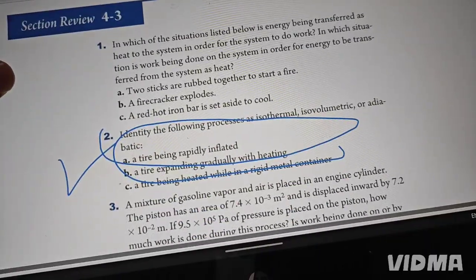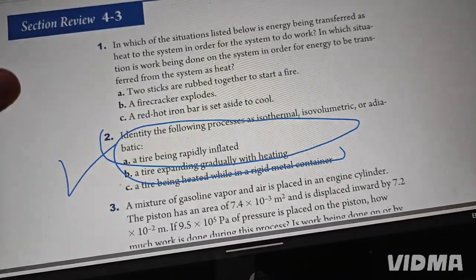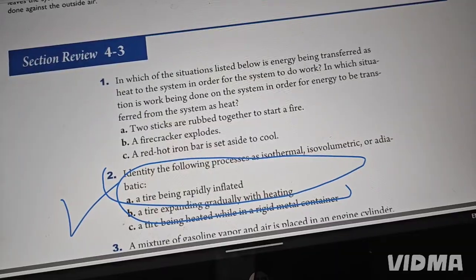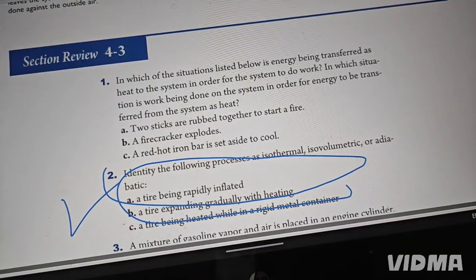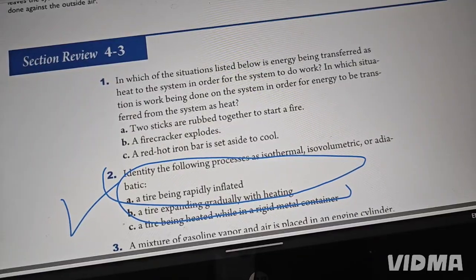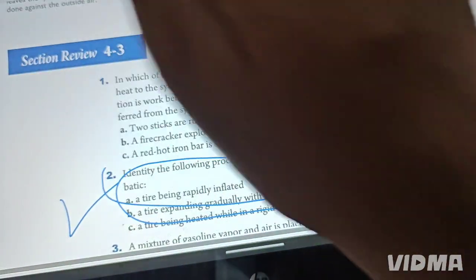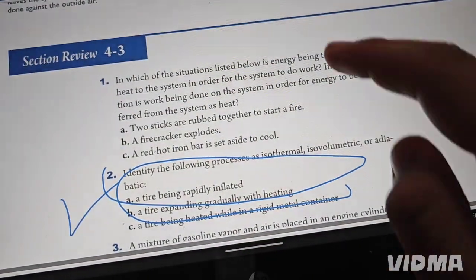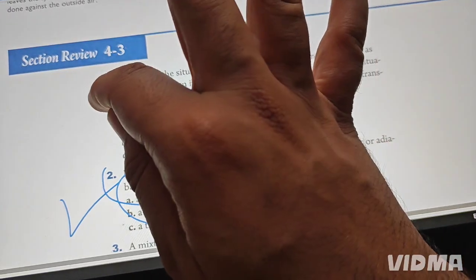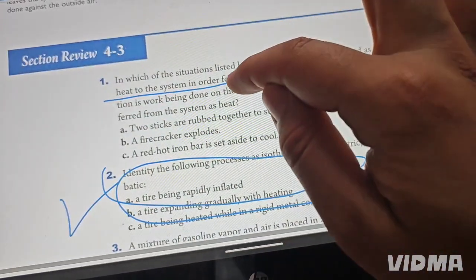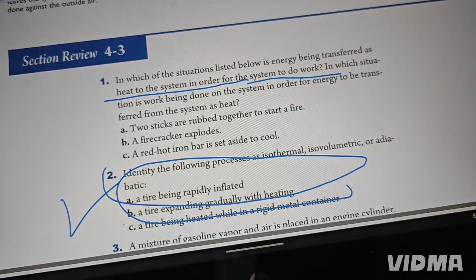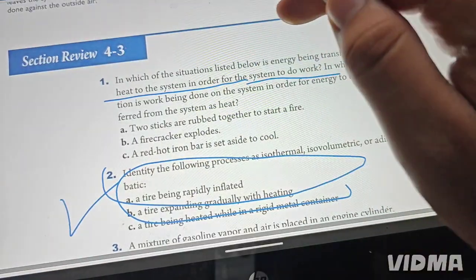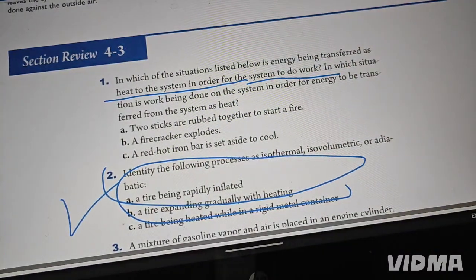Section reviewing. In the first question, it asks: in which of the situations listed below is energy being transferred by heat to the system in order for the system to do work, and in which is work being done to the system?